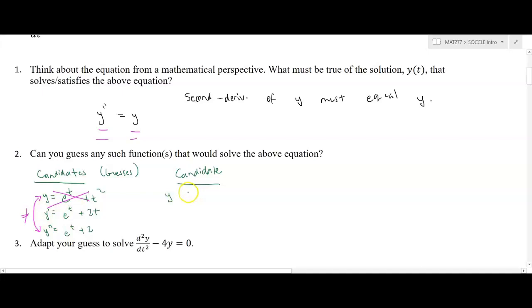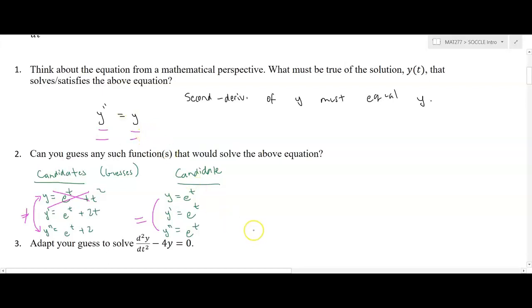So if I take e to the t, then y prime equals e to the t, and y double prime equals e to the t. That does, in fact, work here. The reason I see that it works is because these two are equal, and I want to make sure that they're equal before I claim that they are, in fact, solutions.